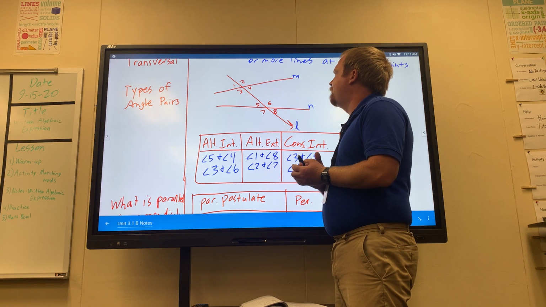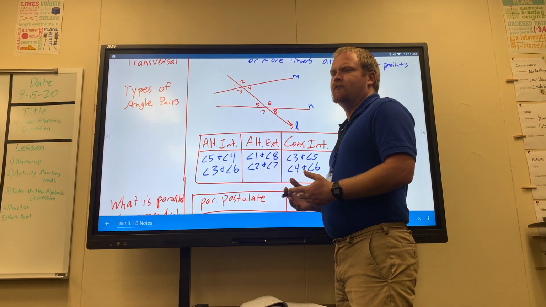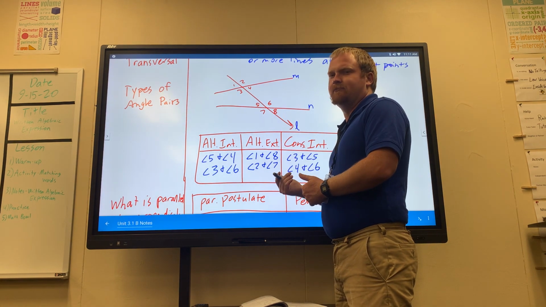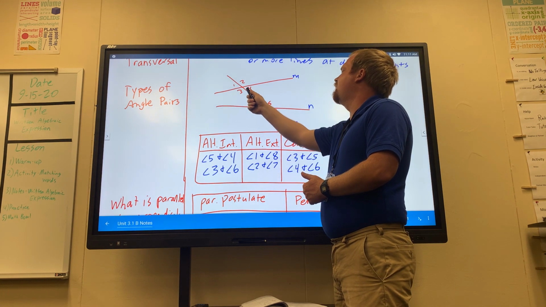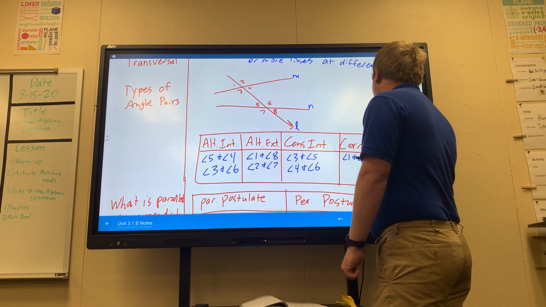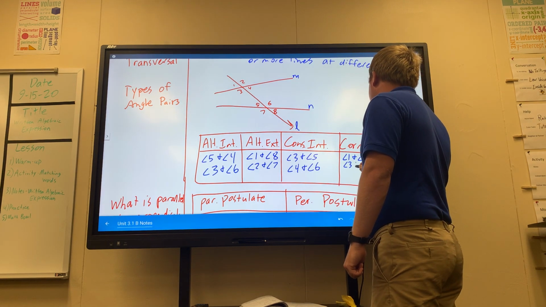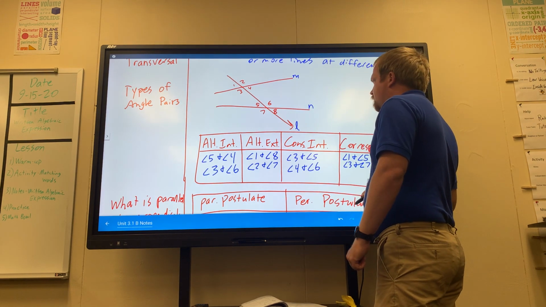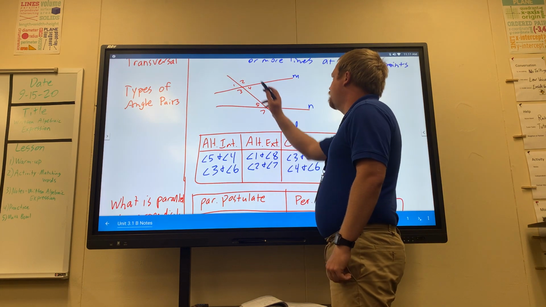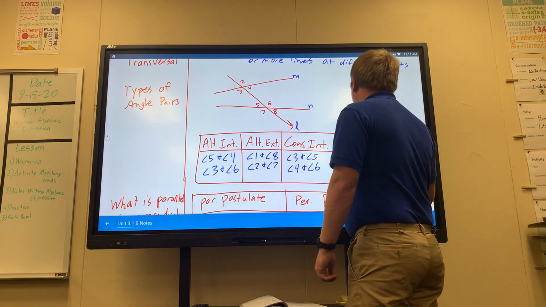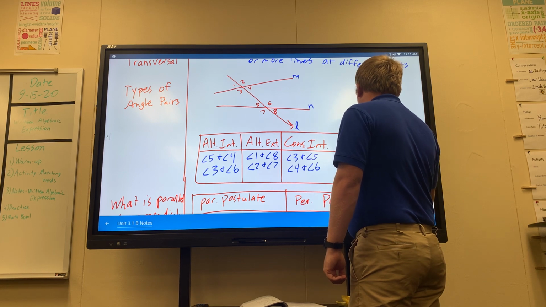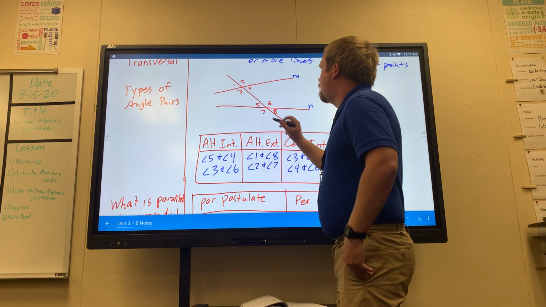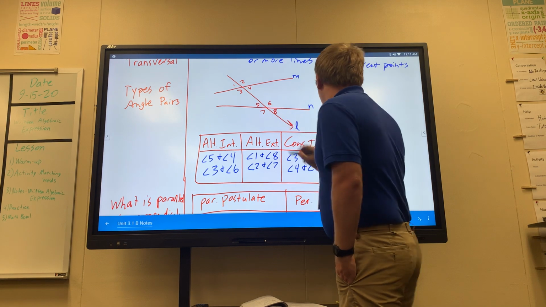Now I want you to think about what will be the bottom left for both line M and line N. The bottom left is going to be angle 3 and angle 7. Top right from both M and N is angle 2 and angle 6. And bottom right will be angle 4 and angle 8.